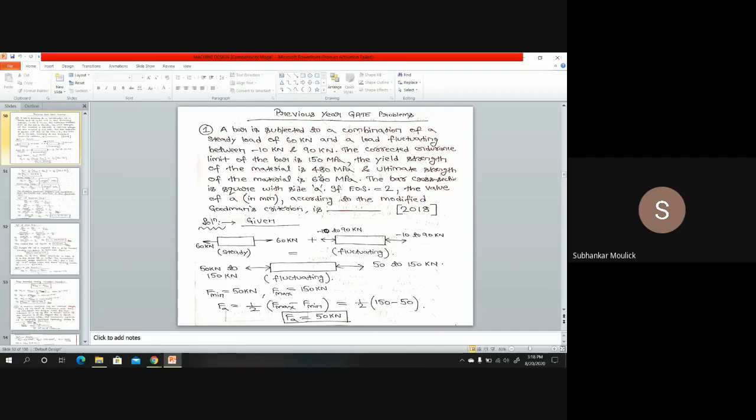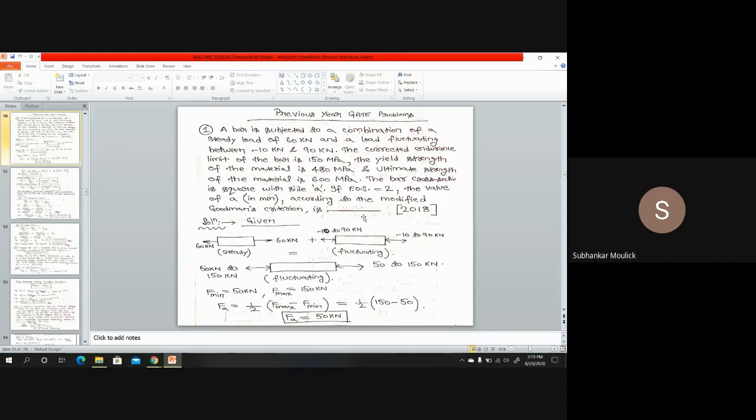Yield strength of the material is 480 megapascal and ultimate strength of the material is 600 megapascal. The bar cross section is square with side A. If factor of safety is 2, the value of A, that is the side of square, in mm according to the modified Goodman criteria is dash. That is what you need to find out.